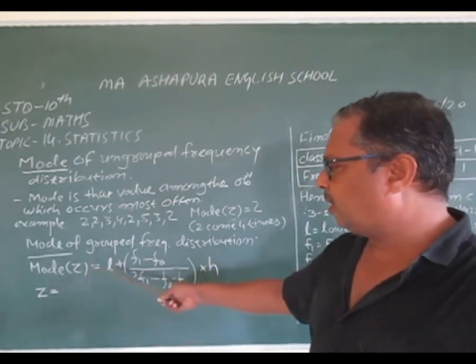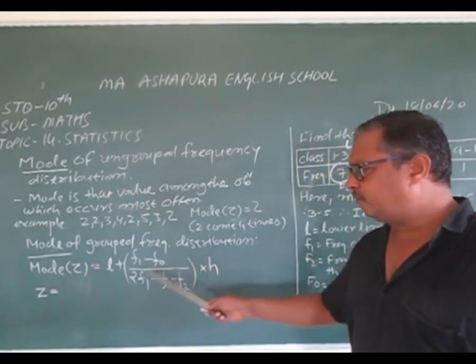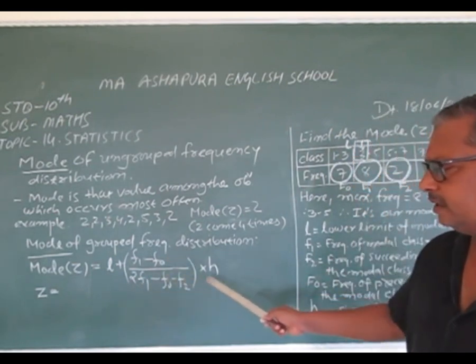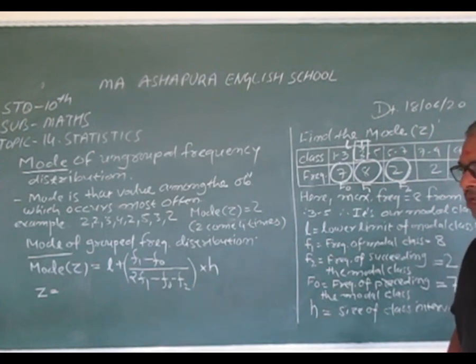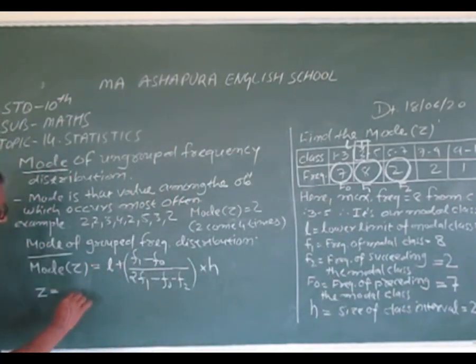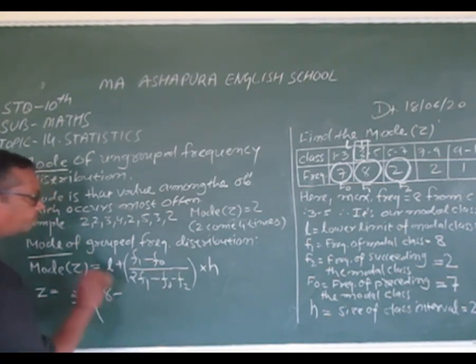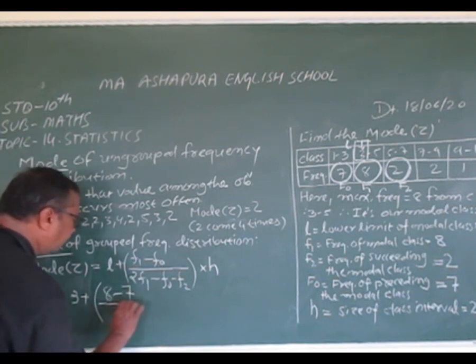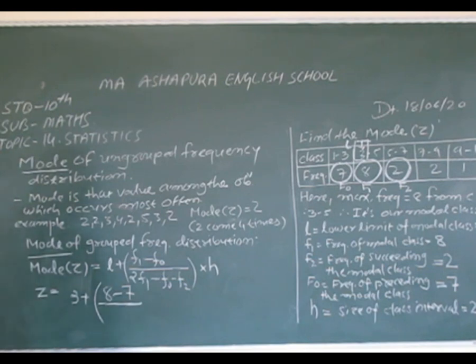Z is equal to L plus, into bracket, F1 minus F0 by 2 F1 minus F0 minus F2, multiplied by H. So substitute the values one by one from the formula and we get L is equal to 3 plus, into bracket, F1 is equal to 8 minus F0 is equal to 7, divided by 2 F1, that means twice of F1.